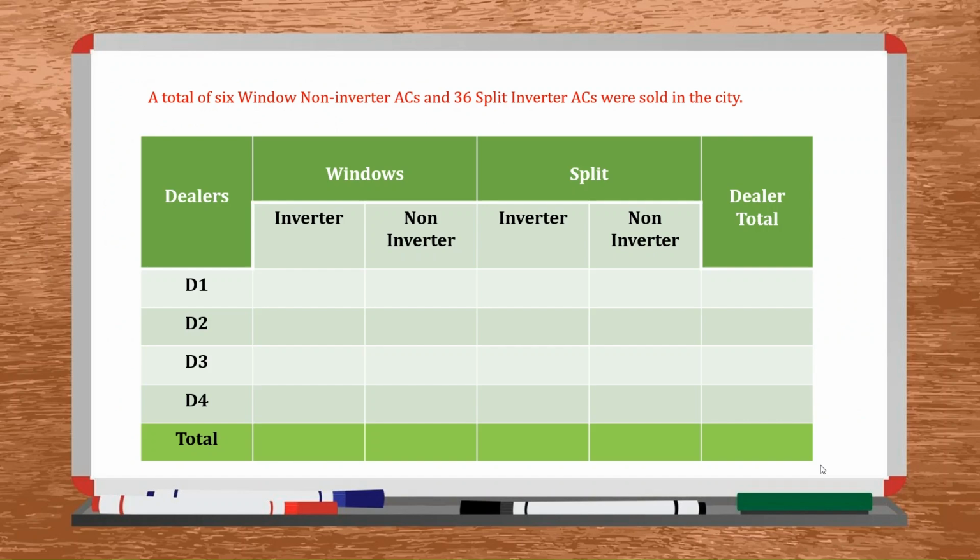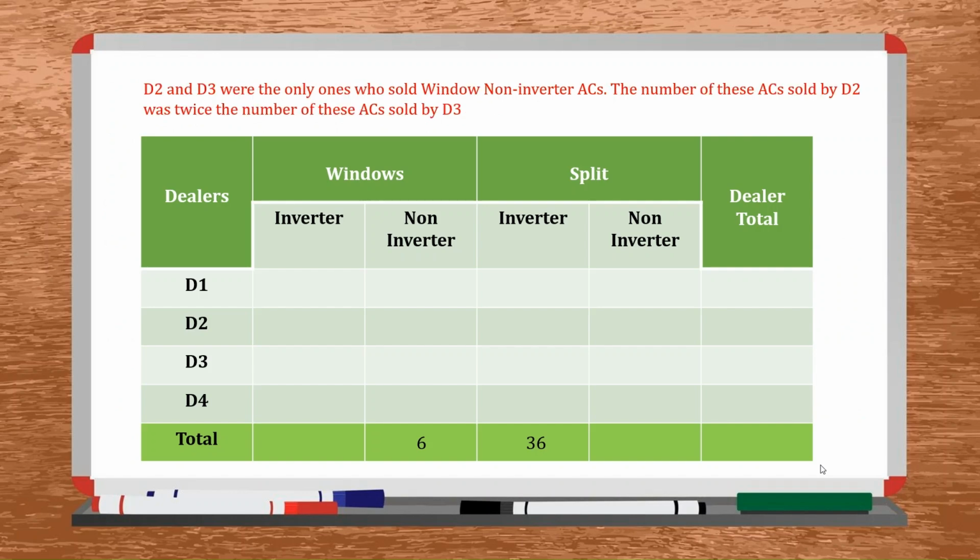First, 6 window non-inverter ACs are sold in the city and 36 split inverter ACs are sold. So I can just put the window non-inverter ACs as 6 and split inverter ACs as 36. Next, only D2 and D3 sold window non-inverter ACs, so D1 and D4 would become 0. Also, D2 sold twice the number of these ACs sold by D3.